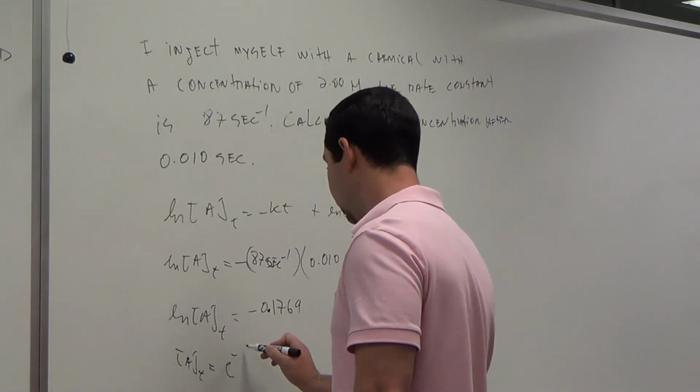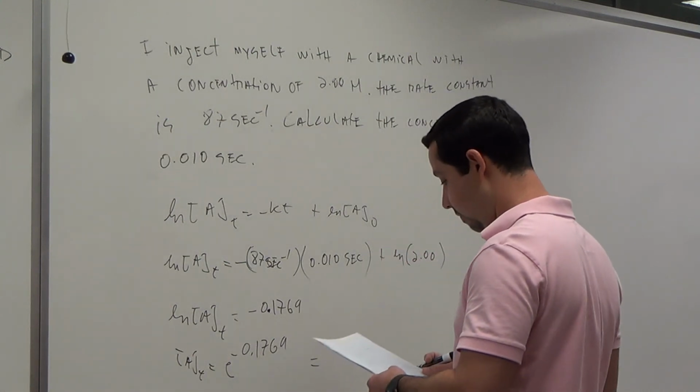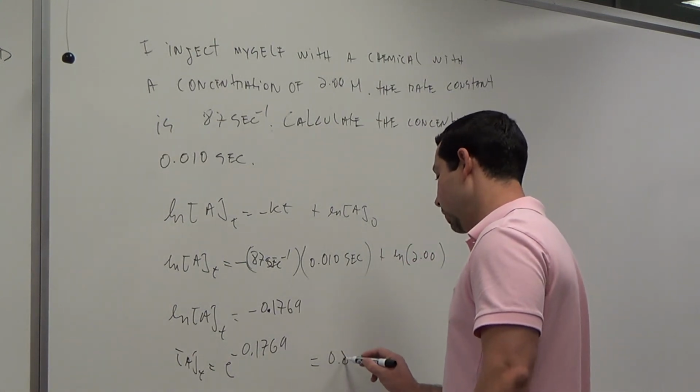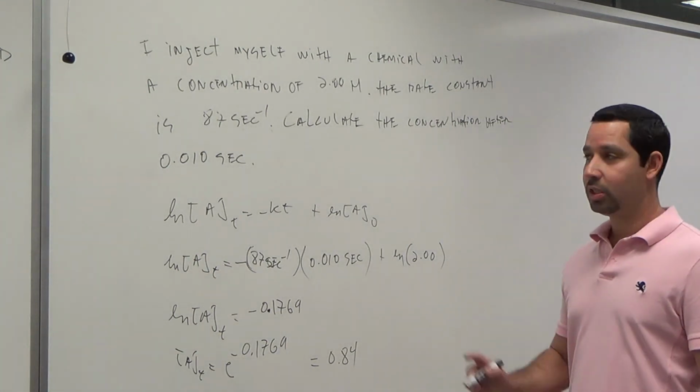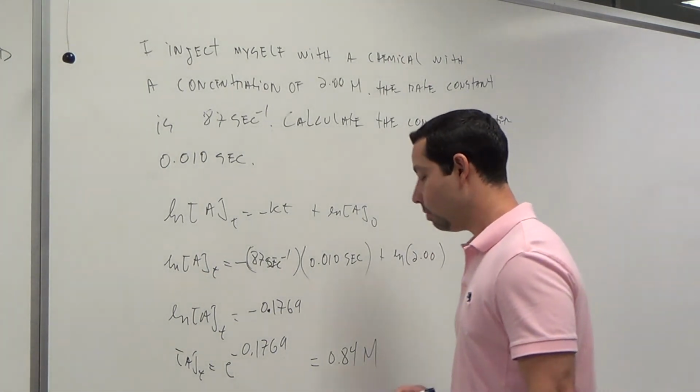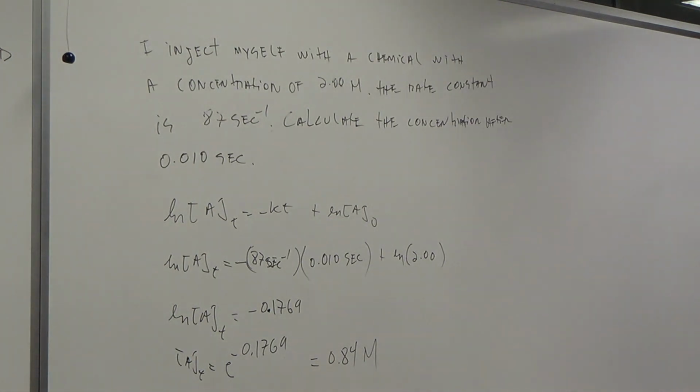To the minus 0.1769. So the final concentration is 0.84. Units on this: same units that were used before, molarity. What are you saying, 366? Doesn't matter, 0.84. That one up there has 2 sig figs, so it doesn't matter.